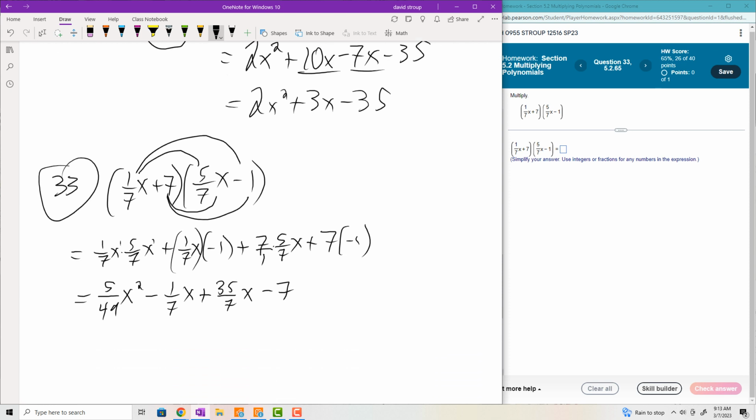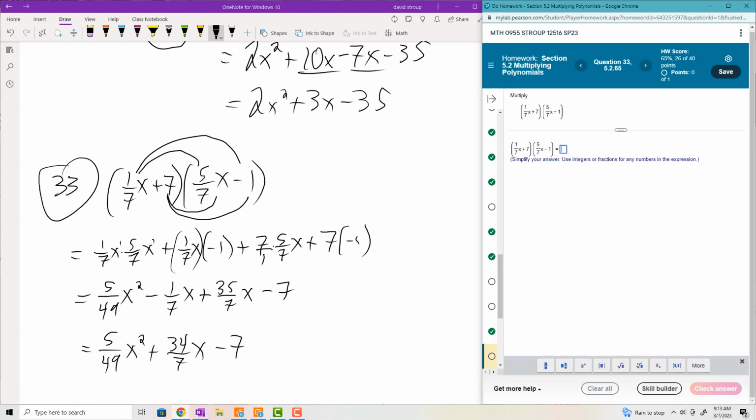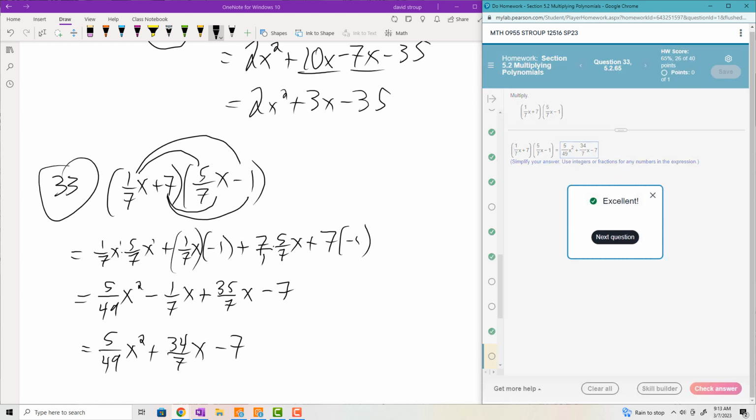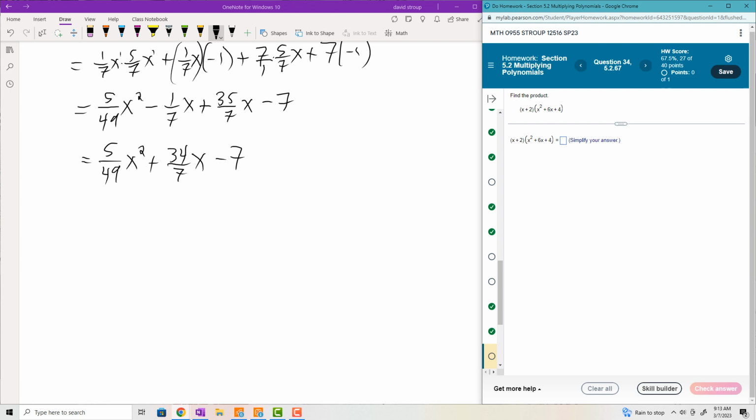Then combine like terms if there are any. So we have 5/49 x squared plus 34/7 x minus 7. Hopefully that'll do it. 5/49 x squared plus 34/7 x and minus 7. So no big deal there.